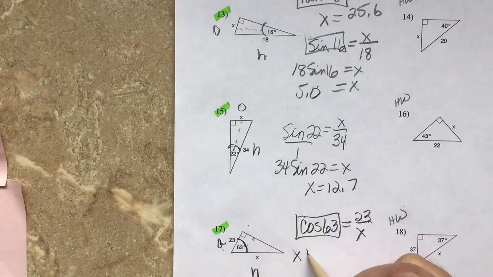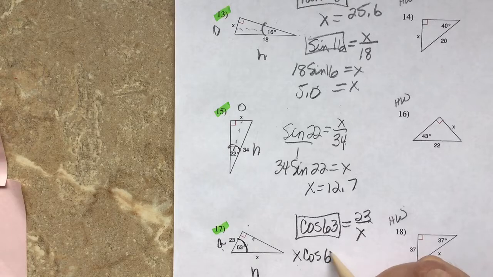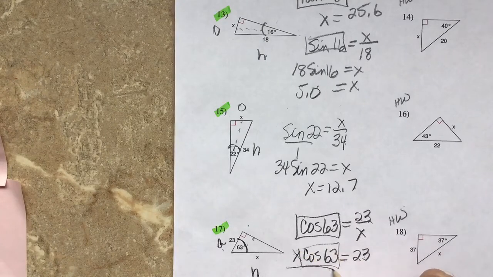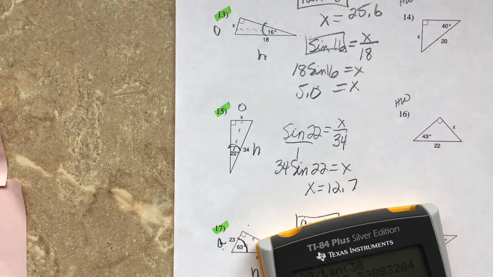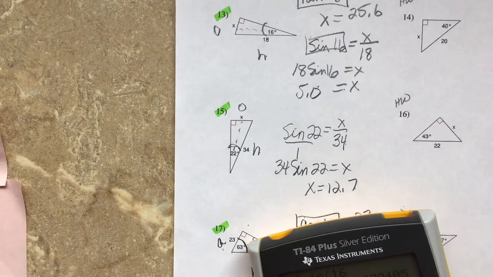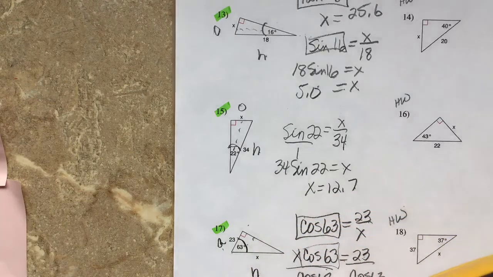So x cosine 63 equals 23. They're locked together, so I divide by cosine 63. So x equals 23 divided by cosine 63. And hit enter. 50.6.